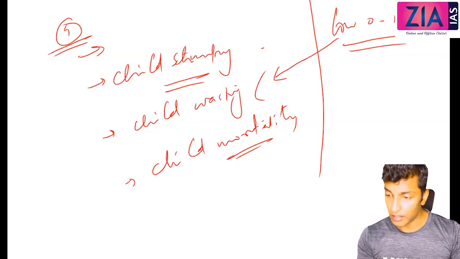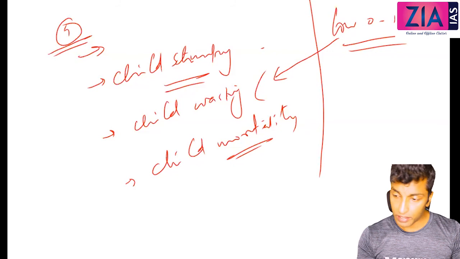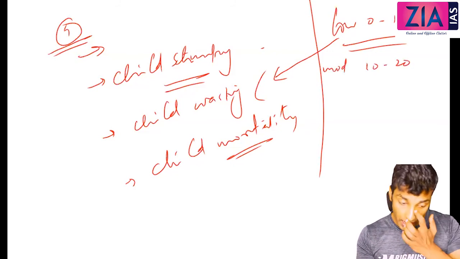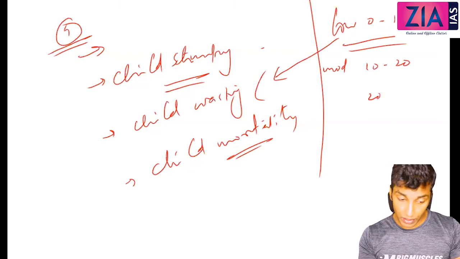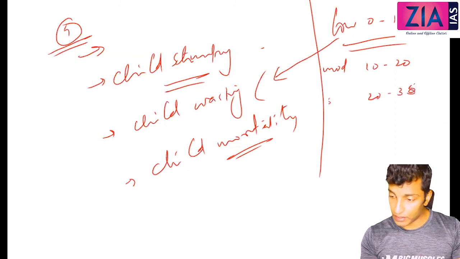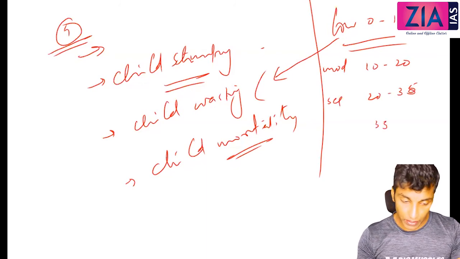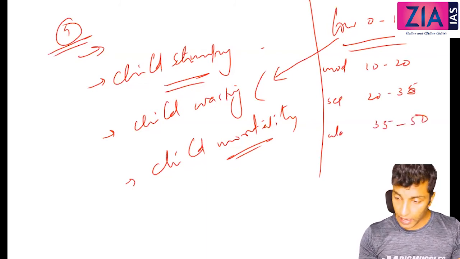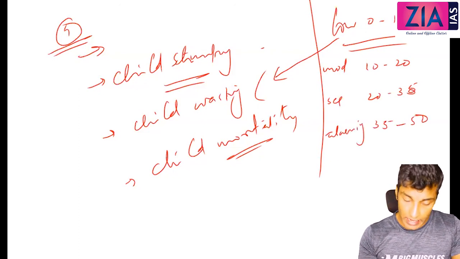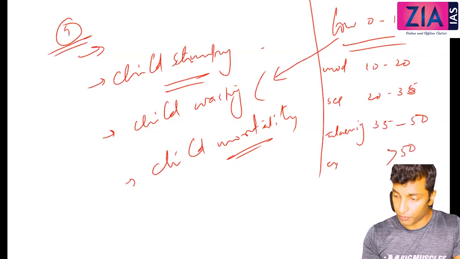Then 10 to 20 is moderate. Then 20 to 35 is the serious category, and 35 to 50 is the alarming category. And then extremely alarming if it is beyond 50.